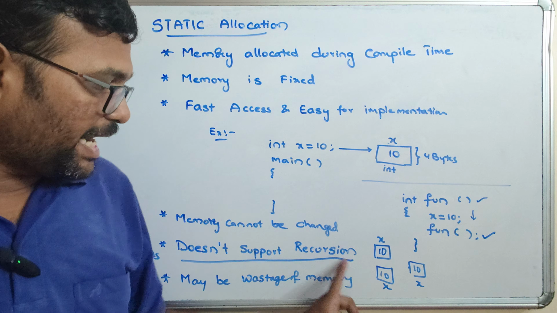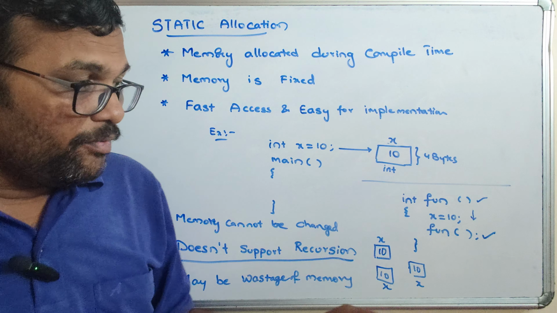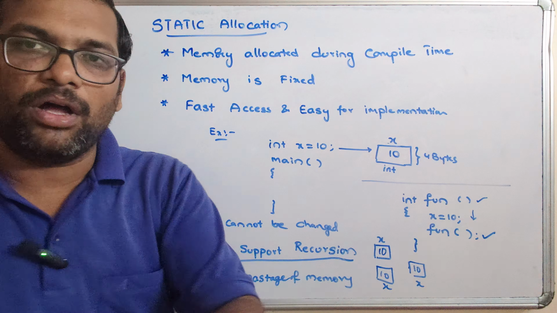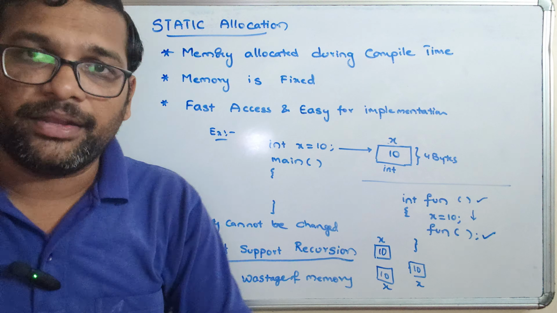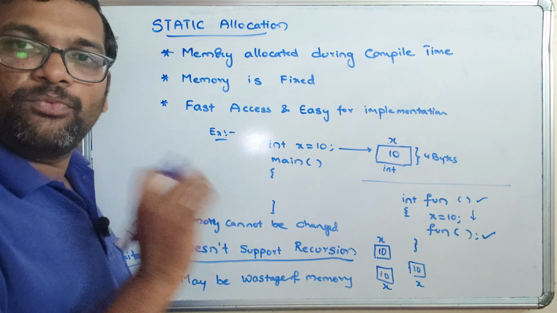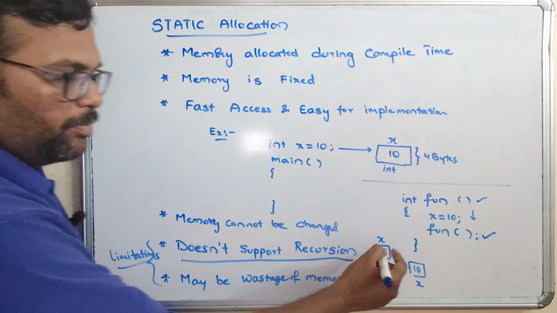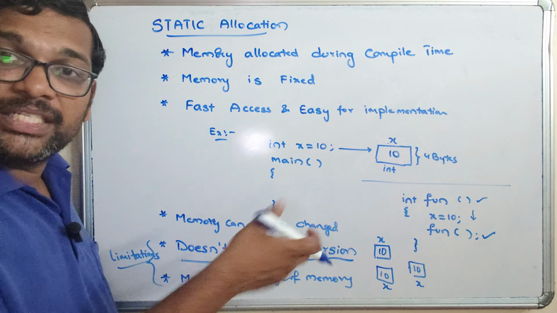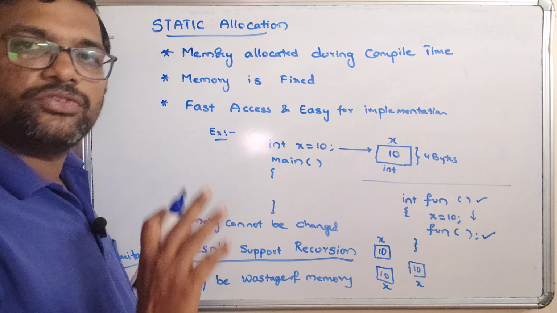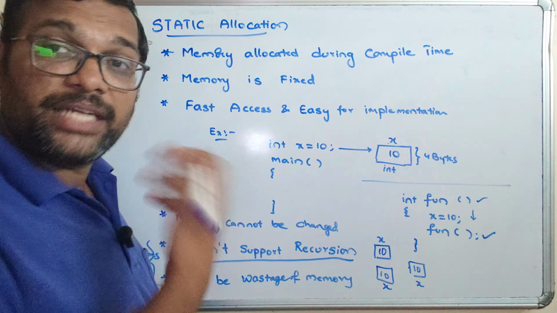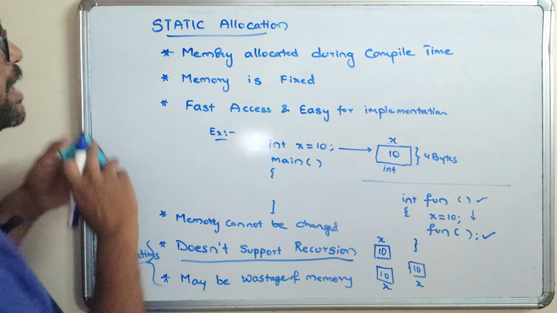It doesn't support recursion, because every time a function calls, a new memory should be allocated. This is the main reason why it doesn't support recursion. Also, multiple blocks of memory will be created with the same value, so there will be wastage of memory. For this reason, we are moving on to another allocation strategy called stack allocation.